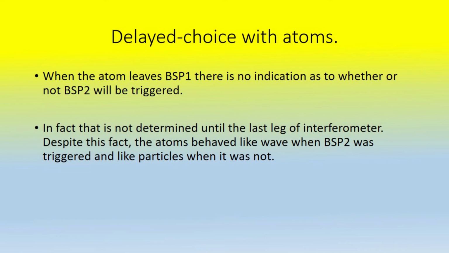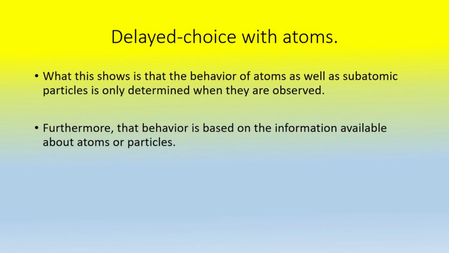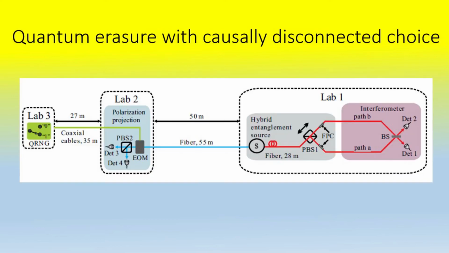Despite this fact, the atom behaves like a wave when BSP2 was triggered and like a particle when it is not. What this shows is that the behavior of atoms, as well as subatomic particles, is only determined when they are observed. Furthermore, the behavior is based on the information available about the atoms or particles.